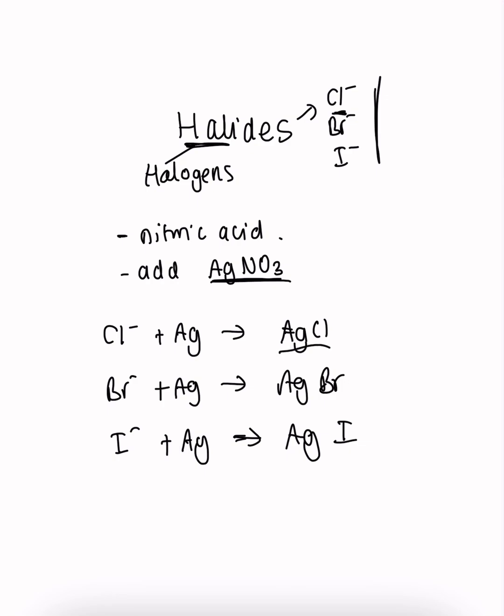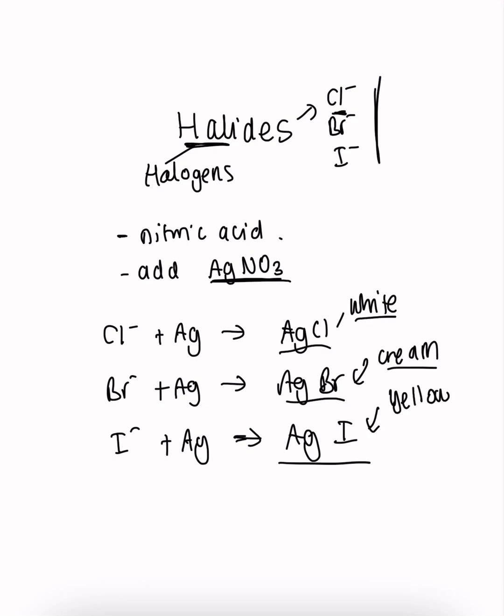Now, these are formed depending on which ion is present, and this forms a coloured precipitate. So AgCl, if it's a chloride ion and it forms silver chloride, this is a white precipitate. If it's AgBr then it will form a cream precipitate. And if it is silver iodide, then it will form a yellow precipitate.